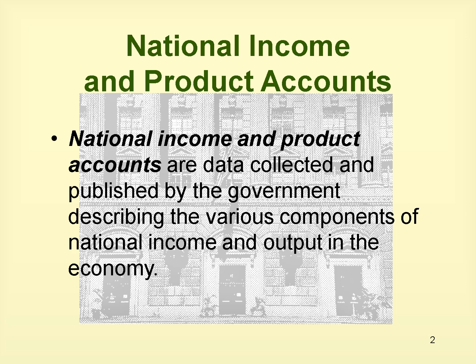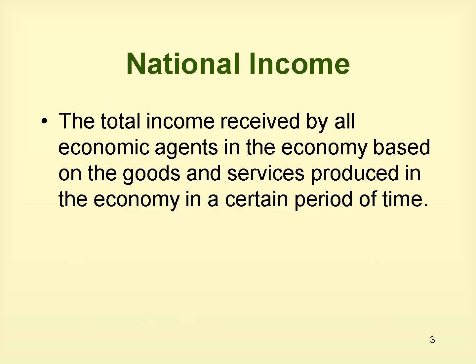Finally, from these goods and services, the consumer will buy the goods, and there is a flow of income, a flow of output and also a flow of money. So this is what we call national income and output in the economy.